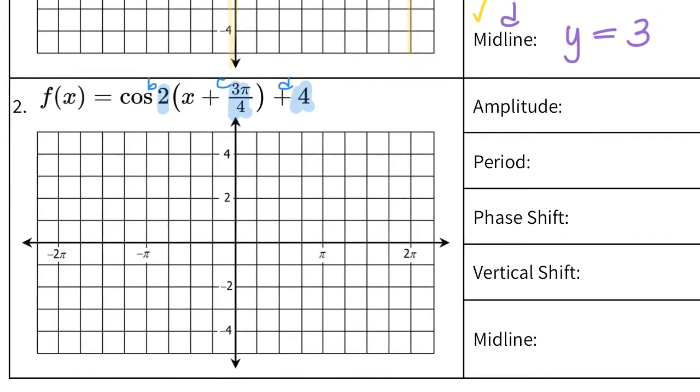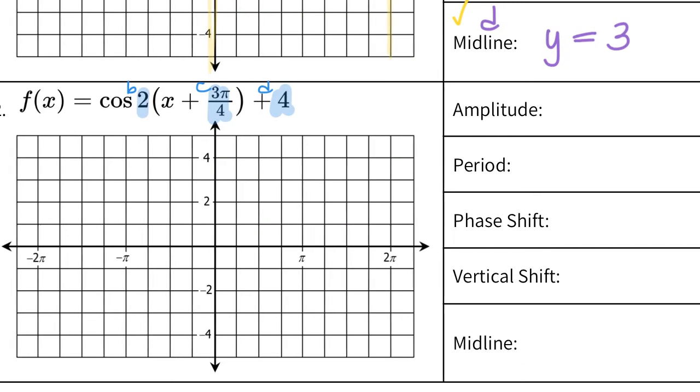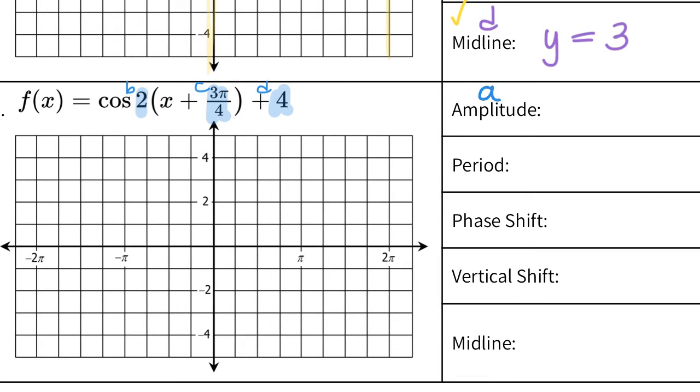So now to use these numbers to identify our characteristics. Our amplitude, so since I didn't have an A value, there is technically an invisible 1 there. So amplitude is 1. Period is 2 pi divided by b, so 2 pi divided by 2, which simplifies to just plain old pi.